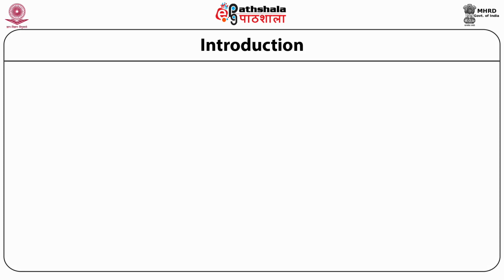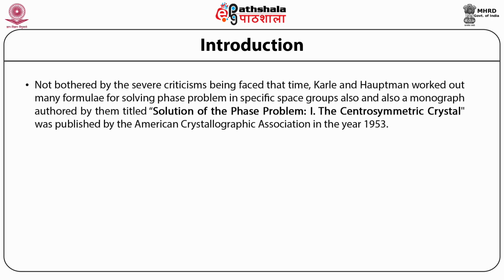Hauptman and Karle came out with certain assumptions for easier simplification of the mathematics used in the probability formula, namely, the real crystal with continuous electron density can be replaced by non-vibrating point atoms numbering capital N. But this was subject to severe criticism by the physicists, asking how an atom can be considered stationary.